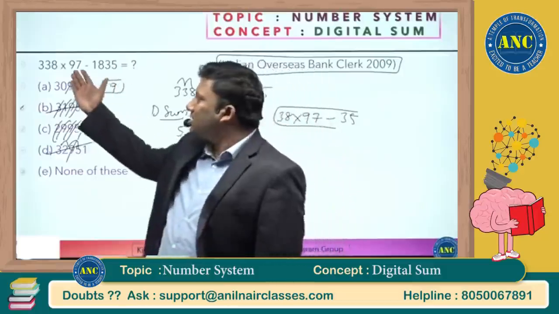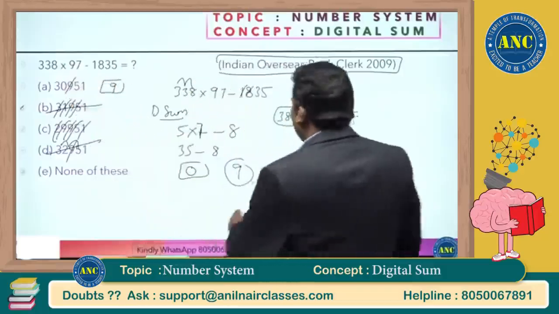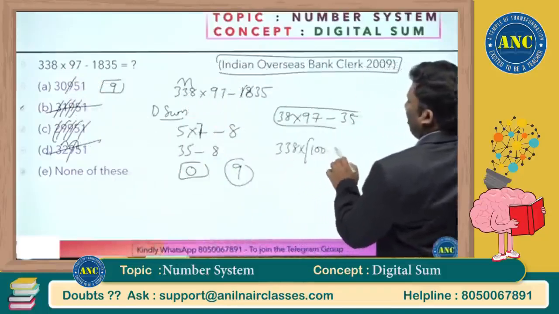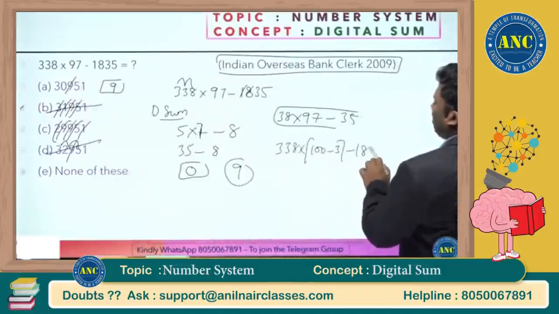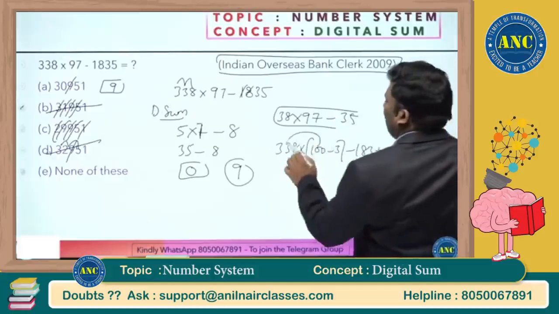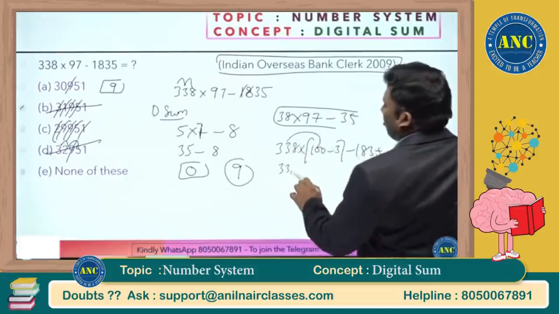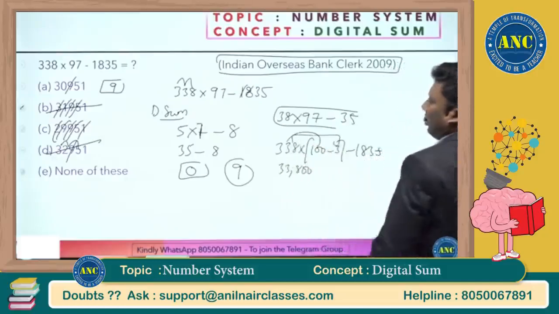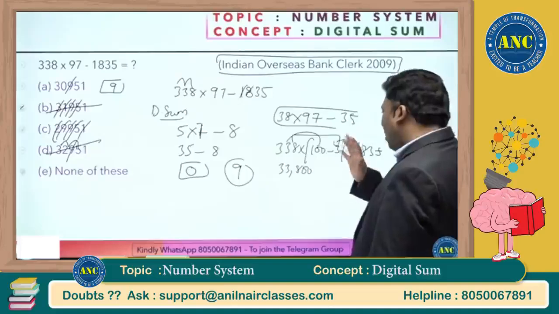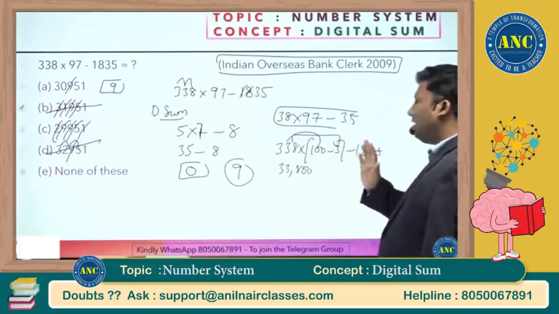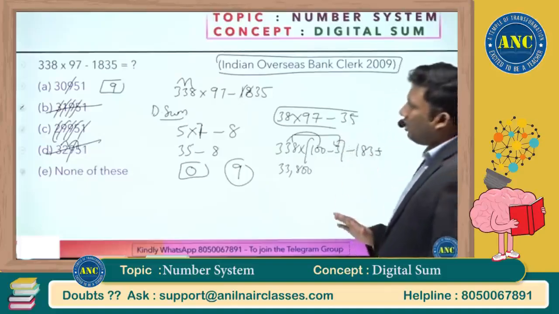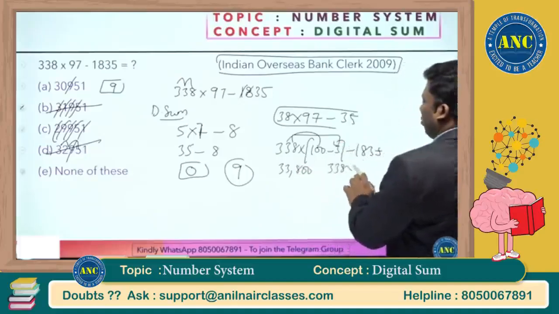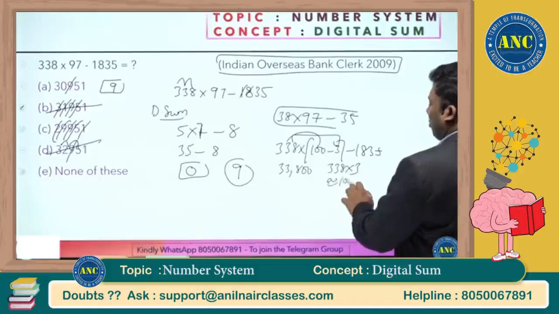Anyway, just by looking at the question itself, I am getting a logic. It is 100 minus 3 minus 835. 338 into 100 is closer to 33,800. 338 into 3 is closer to 1,000.